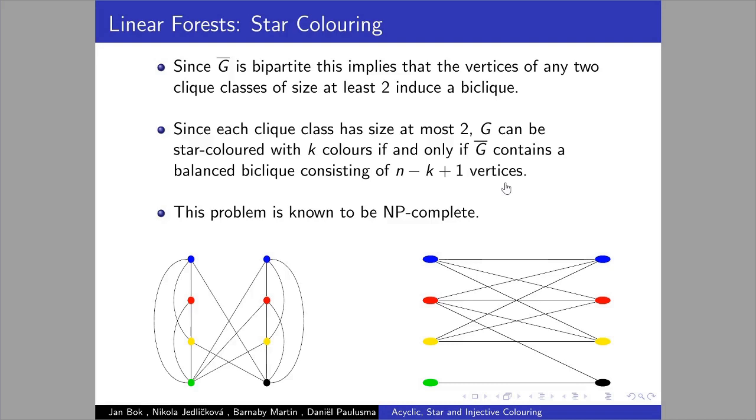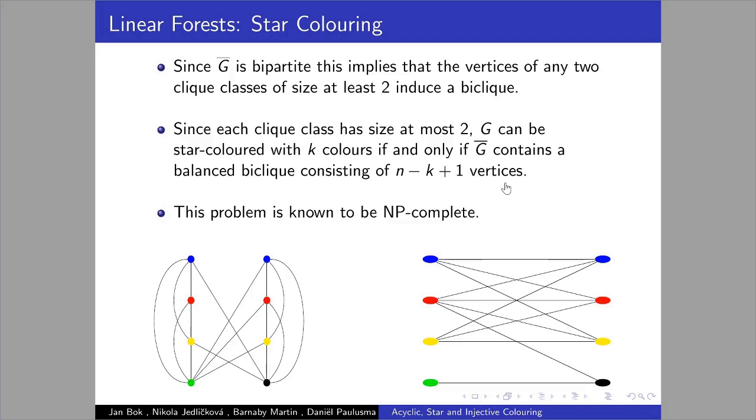And then, since the complement is bipartite, the vertices of any two clique classes of size at least 2 induce a biclique. And since any clique class in a clique covering of a triangle-free graph has size at most 2, we just need to maximize the number of clique classes of size 2.